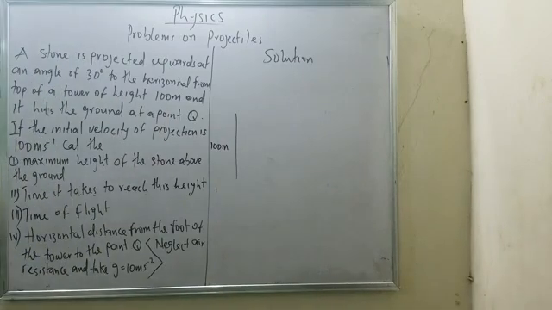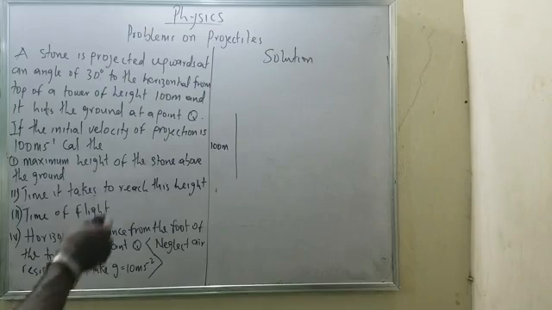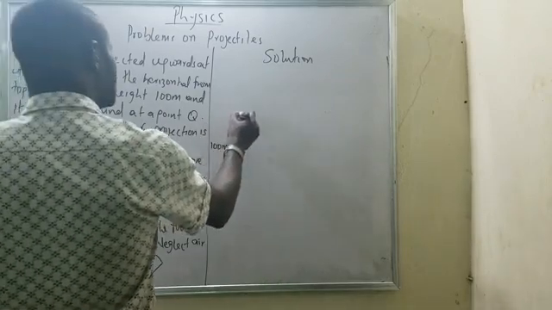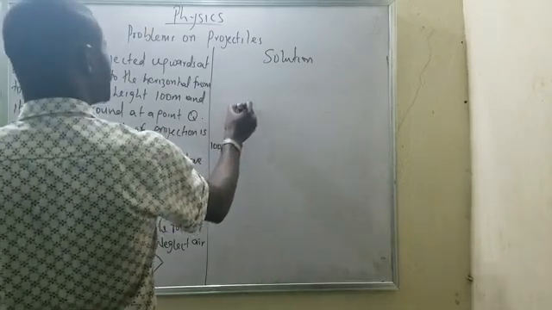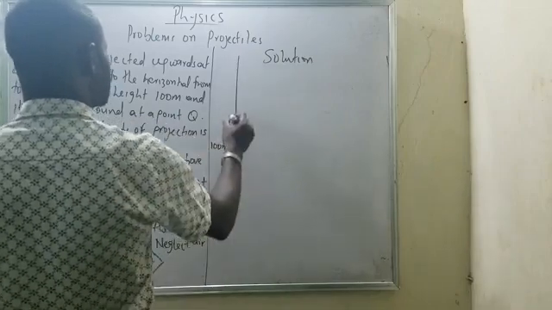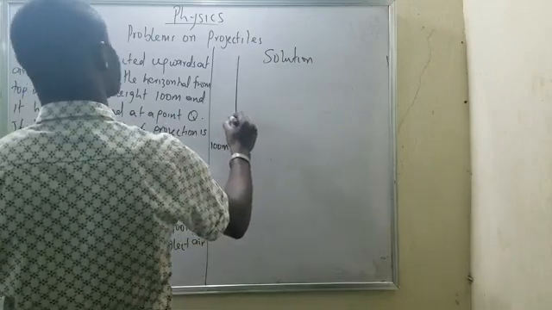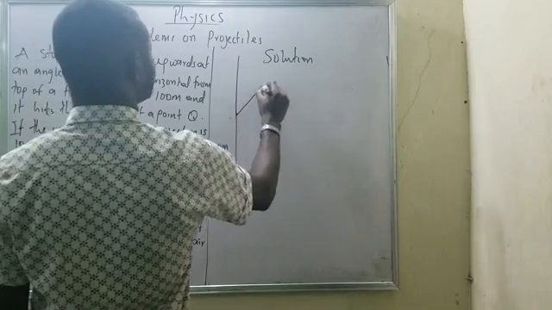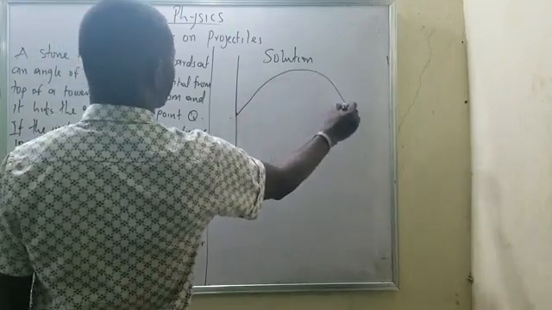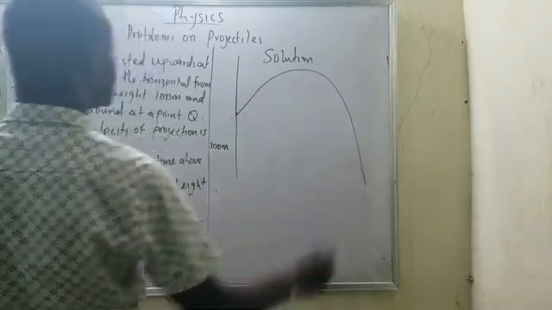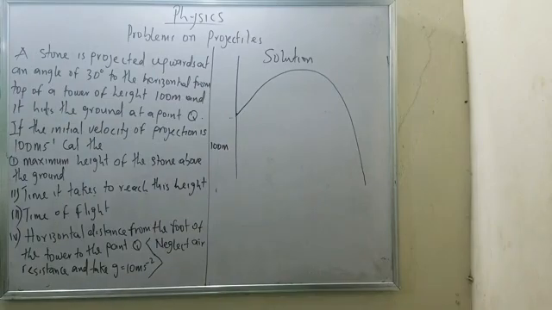That is how to solve a problem like this. You have to calm down. The stone starts here, and let me assume it went like this, and you draw that.